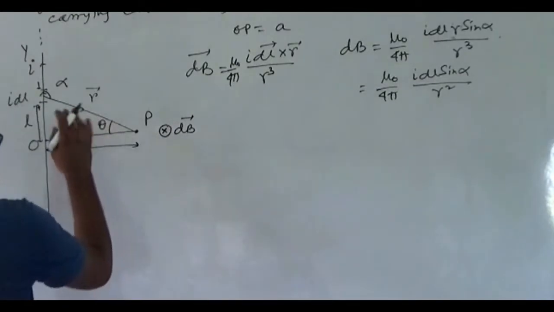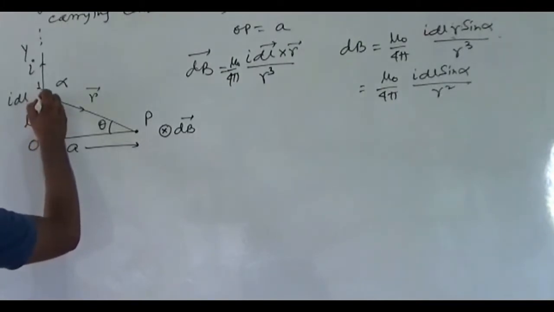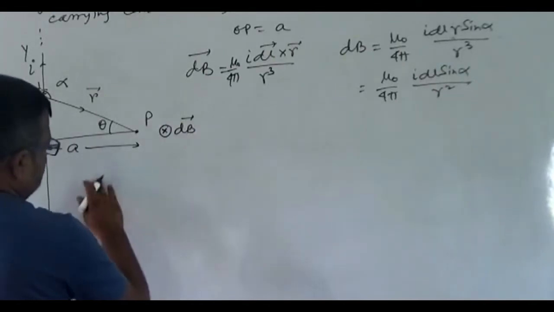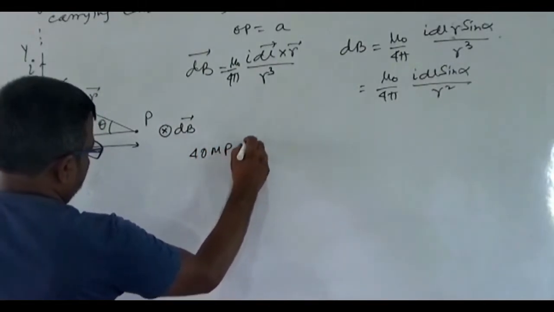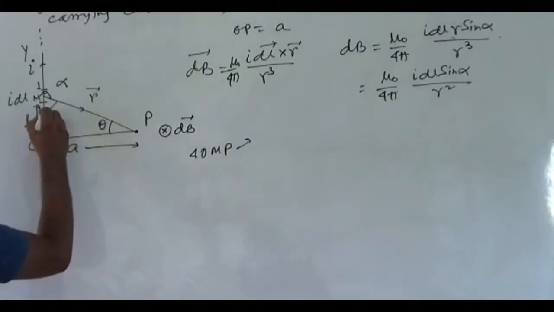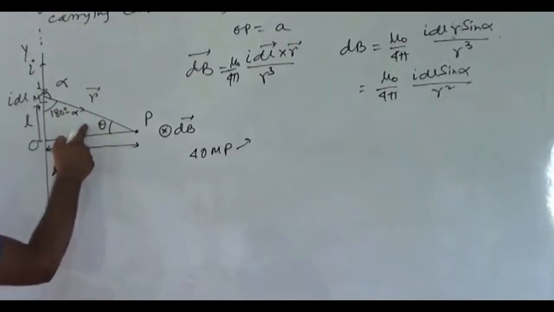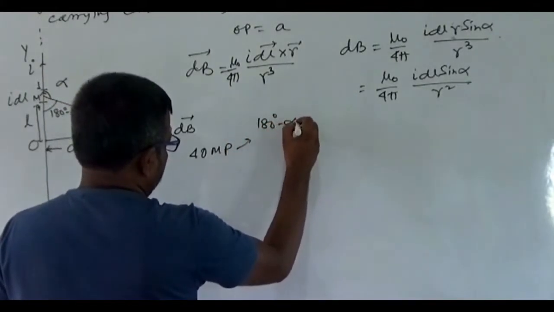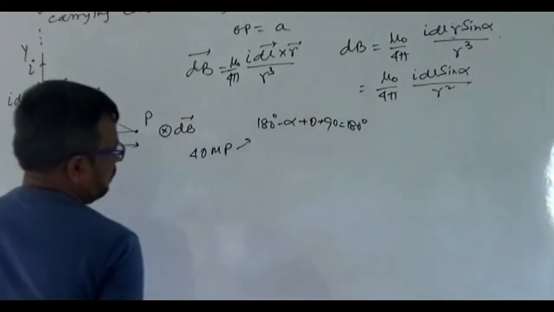Now see here, let us write this point as M. Then from triangle OMP we get, this angle is 180 degree minus alpha. This is theta, this is 90 degree. Therefore we can write 180 degree minus alpha plus theta plus 90 degree equals 180 degree.